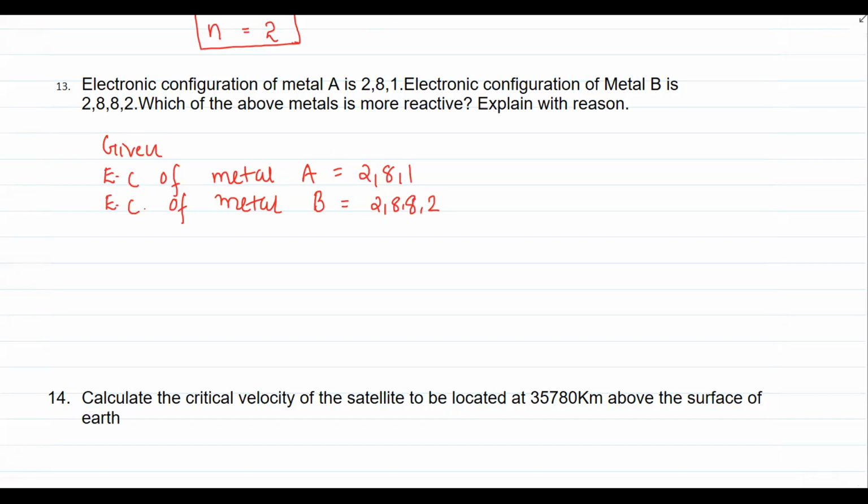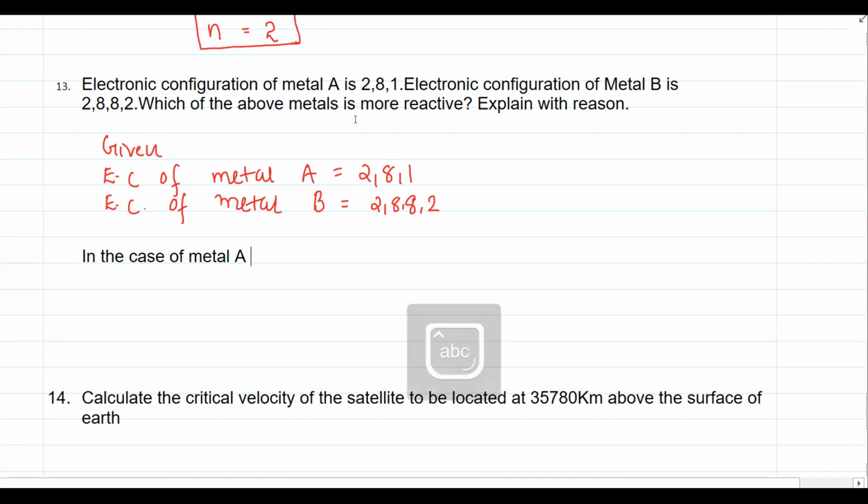In the case of element A, there is only 1 electron in its outermost shell.